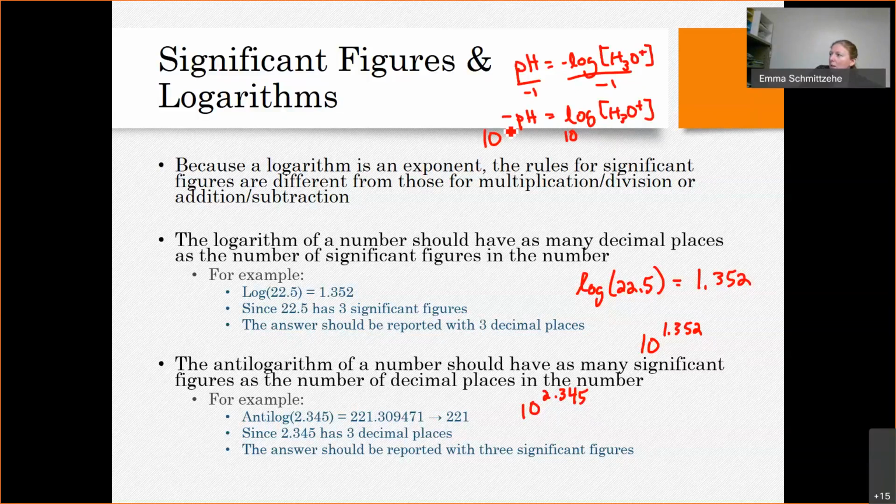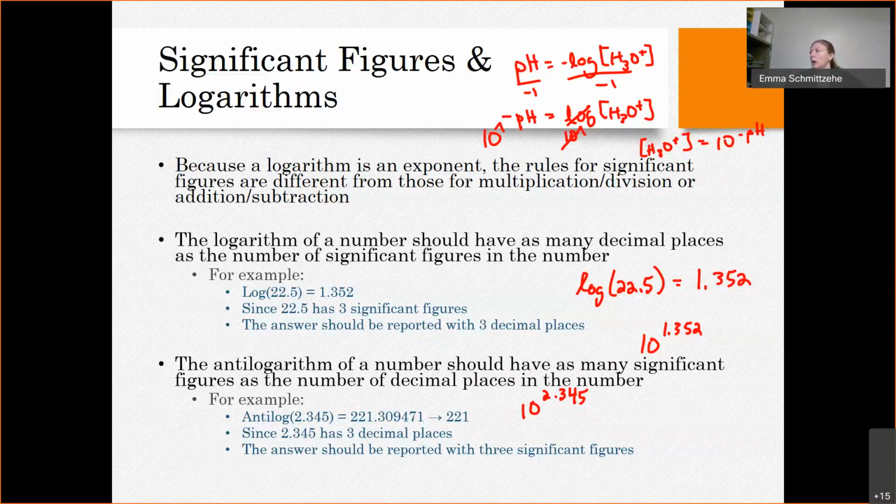So 10 to the negative pH and 10 to the log. And so the 10 to the log cancels and it becomes H3O plus is equal to 10 to the negative pH. So that's what that is. Raising something, or doing 10 to that substance or value, is the anti-log.